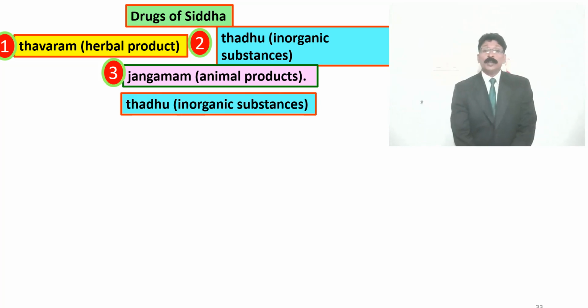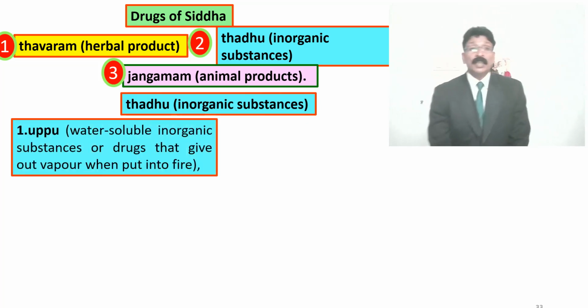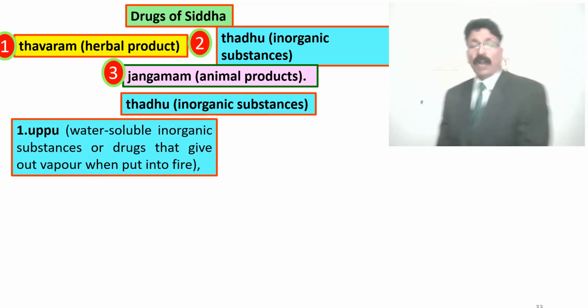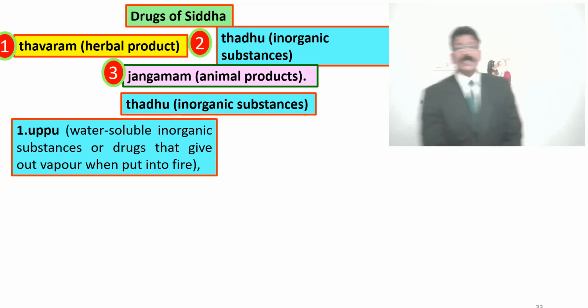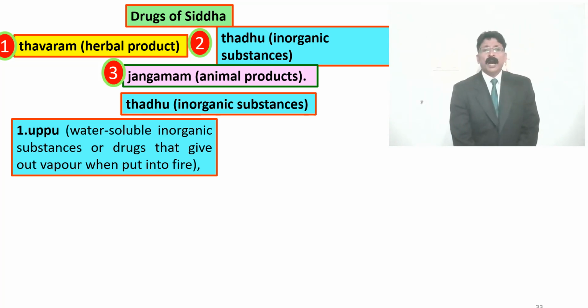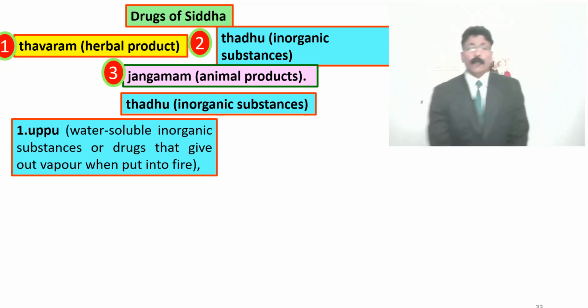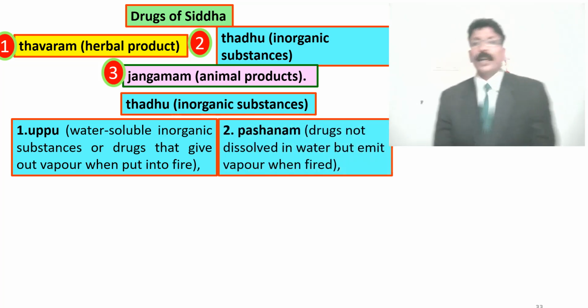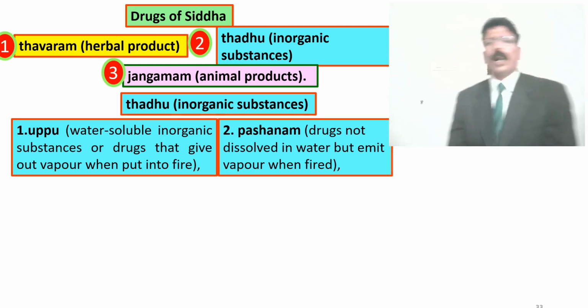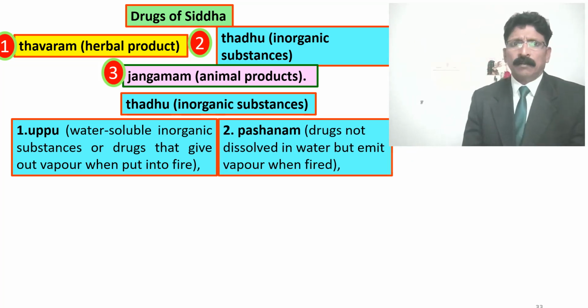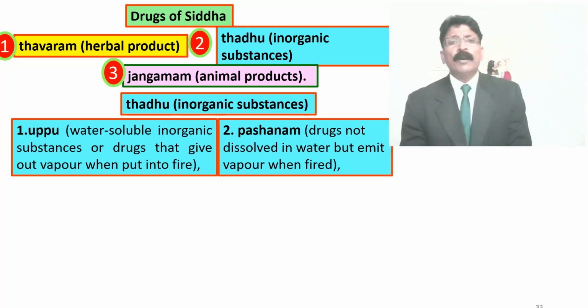Thadu, inorganic substance, means Uppu, water soluble inorganic substances, or drugs that give out vapor when put into fire. Number 2, in the Thadu, Pashanam, drugs not dissolved in water but emit vapor when put in fire.